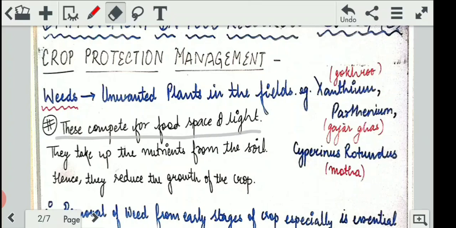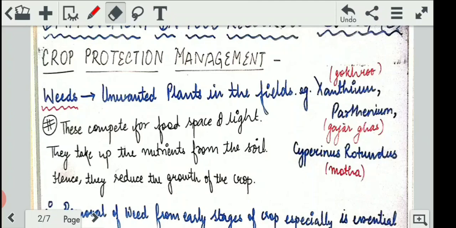These compete for food, space and light. As they grow the same as plants, they do not have any differentiation. Just as plants need food, space and light, weeds also compete for the same things. They take up nutrients from the soil. They reduce the growth of the crop.